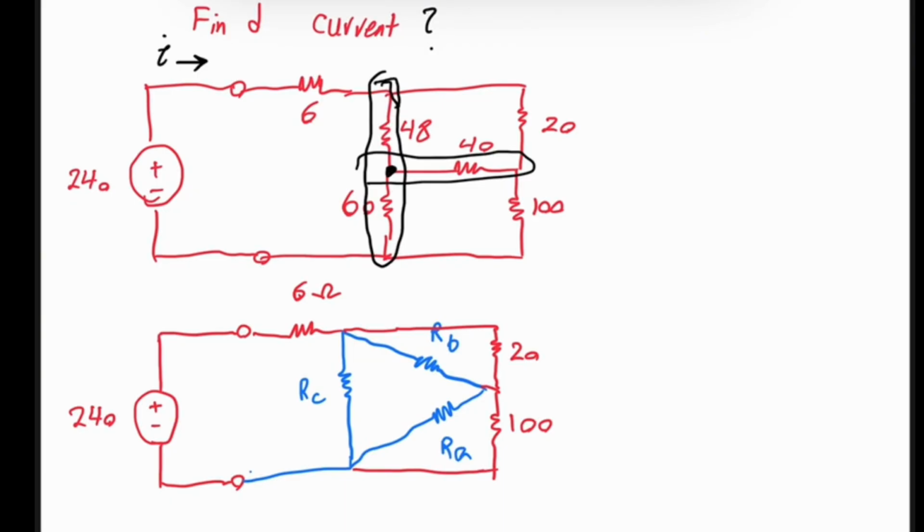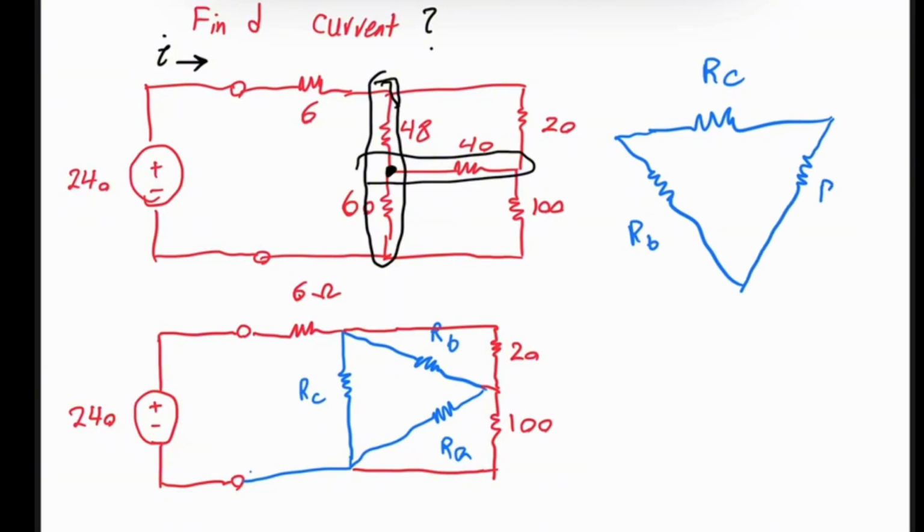We remember that we had RC, RB, and RA here, and R1, R2, and R3 over here.